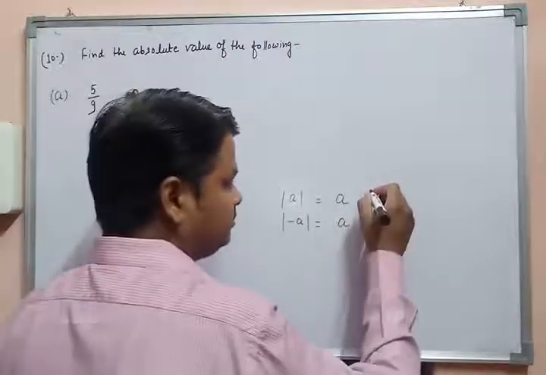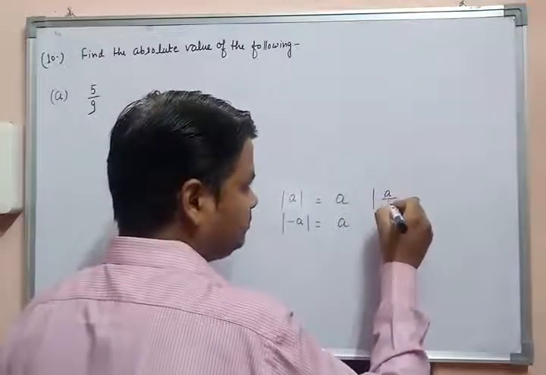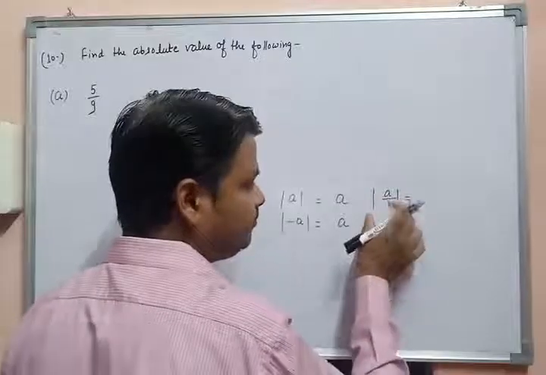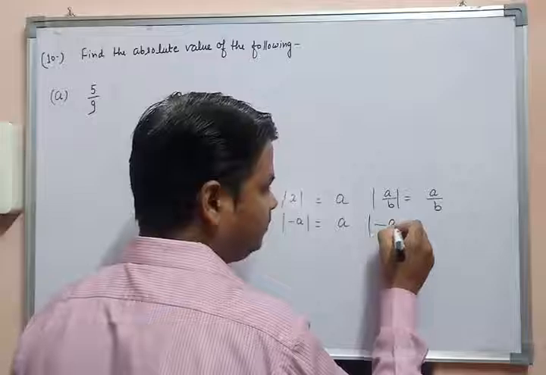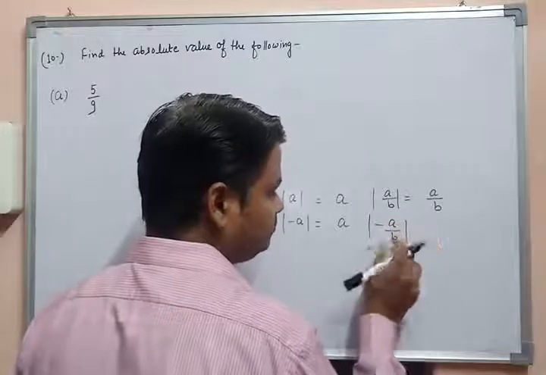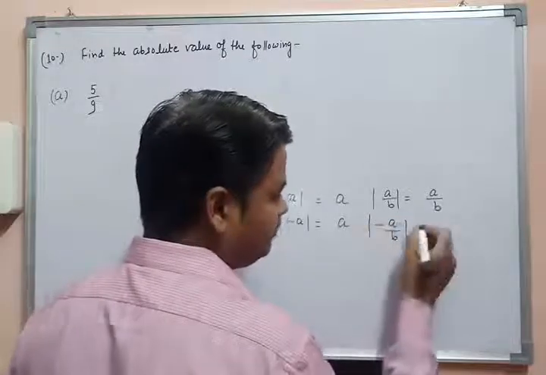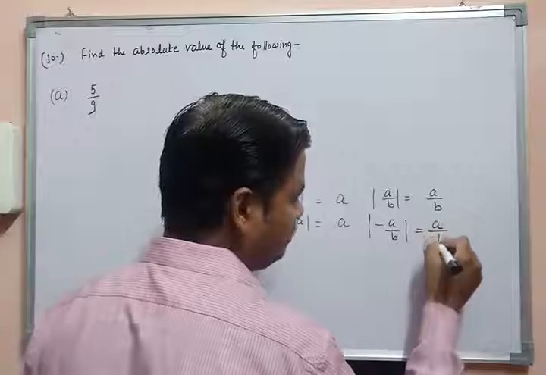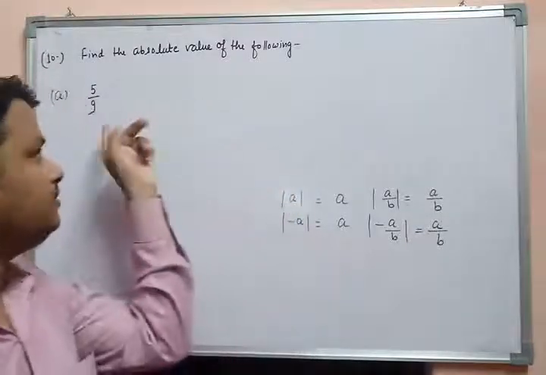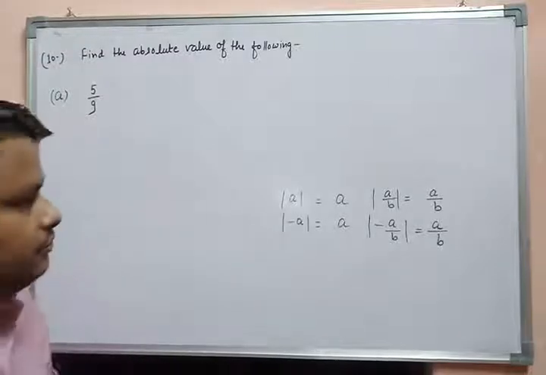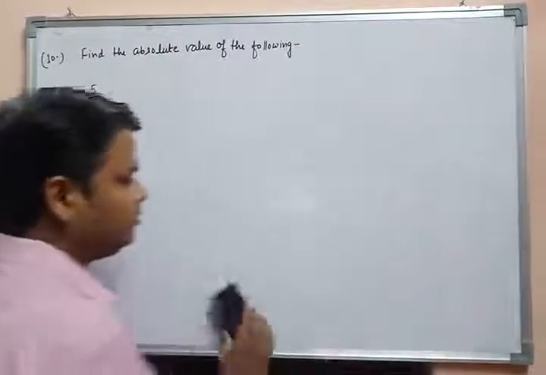Okay, in the same way, if you want to write the absolute value of this rational number, then you will get the positive rational number, and if you want to write the absolute value of this negative rational number, then you will also get the positive rational number. So apply this concept for finding the absolute value of this rational number.